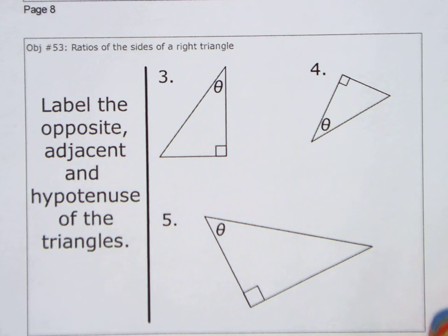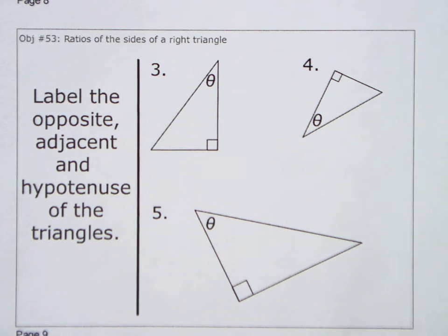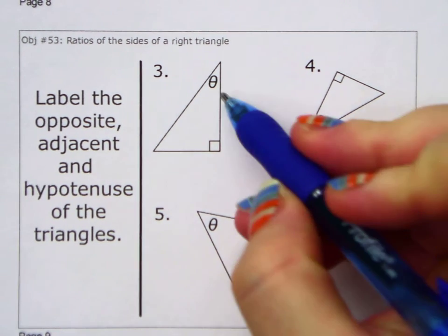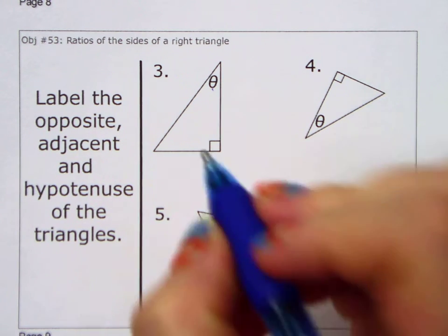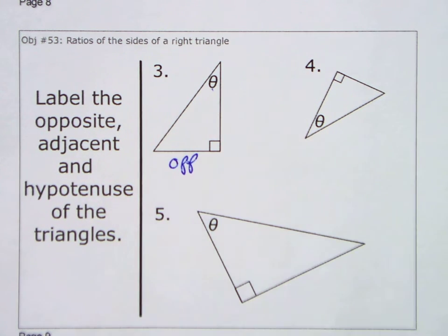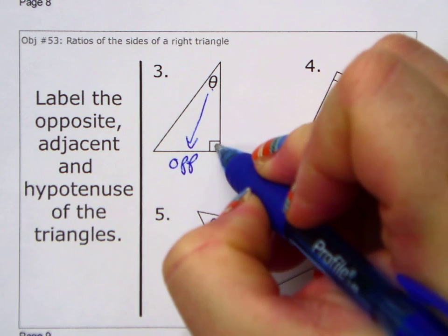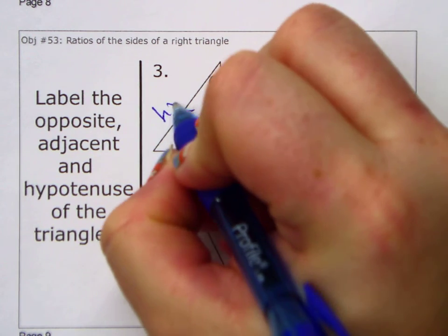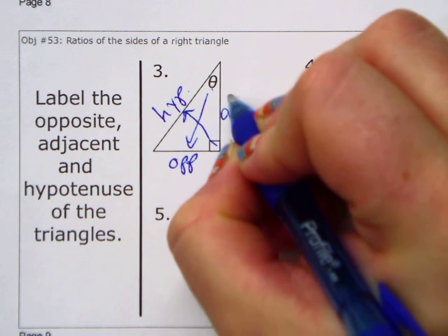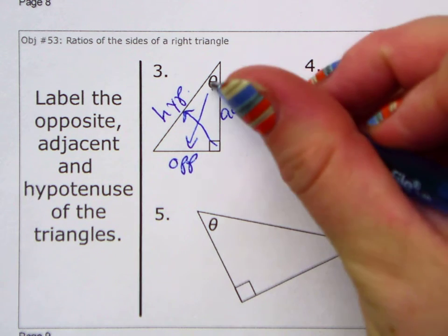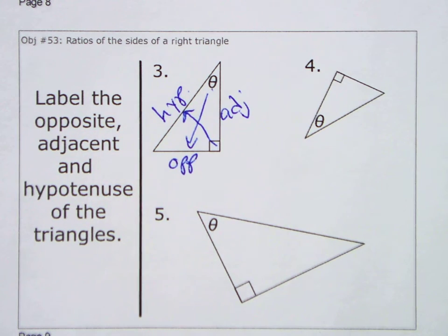What I want to start with is labeling the opposite, adjacent, and hypotenuse, because if you can't do that, you're going to be a disaster. So from the angle, where's opposite? Where's your hypotenuse? Opposite is across from the angle. Hypotenuse is opposite your right angle. Whatever's left over is adjacent. It's the leg that's next to the angle.